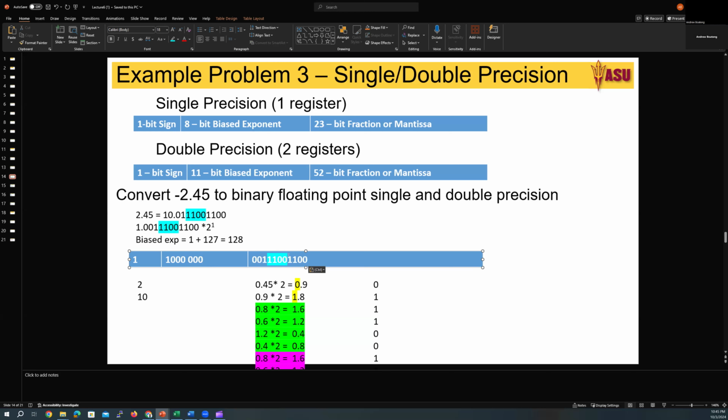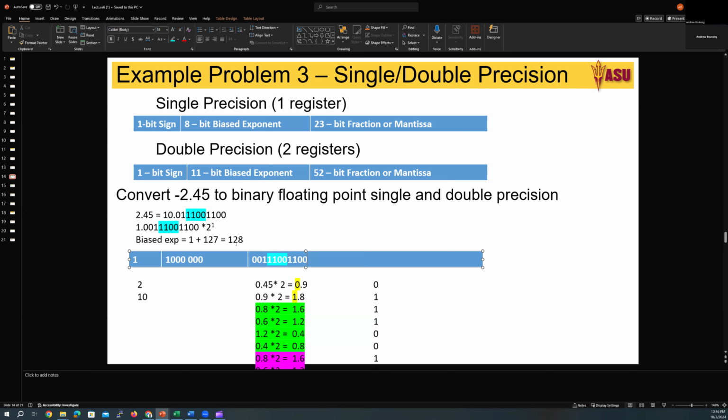Usually when you get this, you get 23 bits. But remember, this one we can't because it's a repeating number. So we're going to have to pad this with the numbers until we get 23 bits. I don't know how many bits we have here. We have 1, 2, 3, 4, 5, 6, 7, 8, 9, 10, 11.